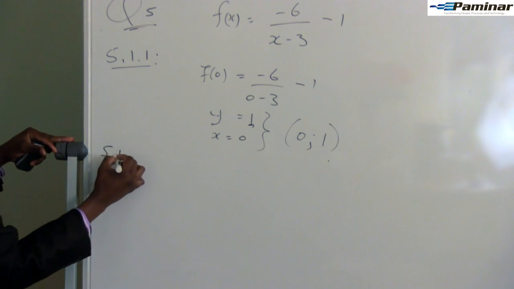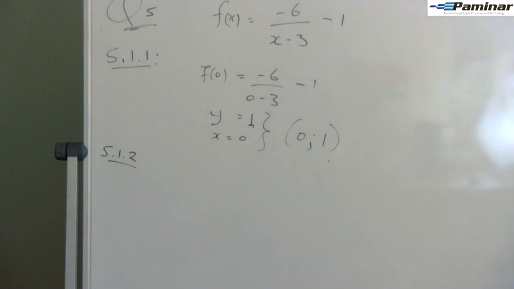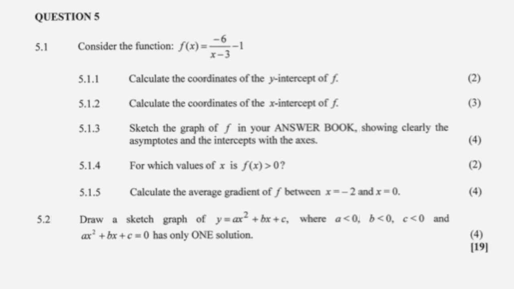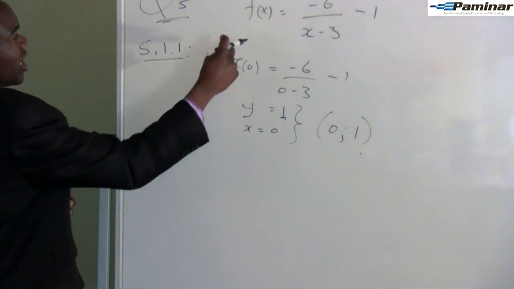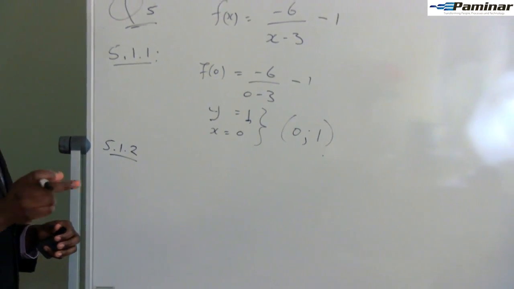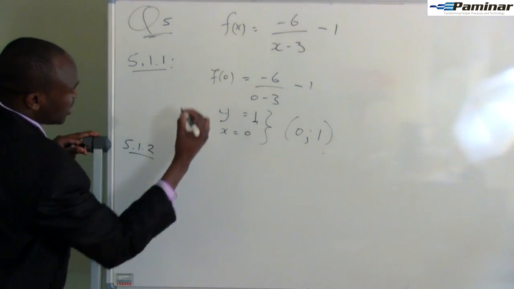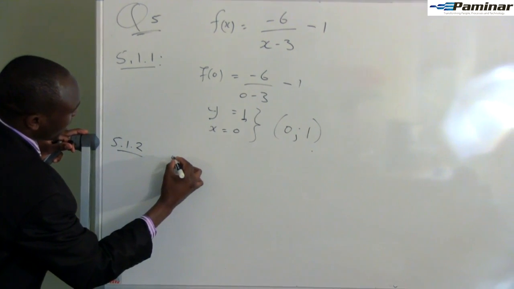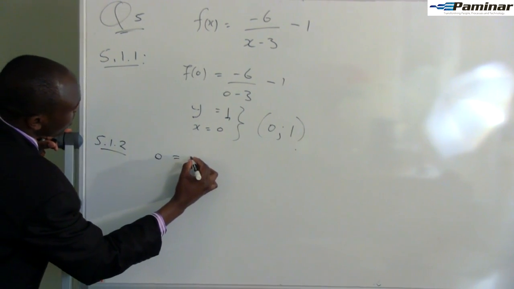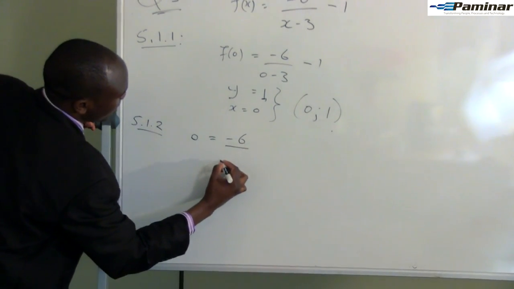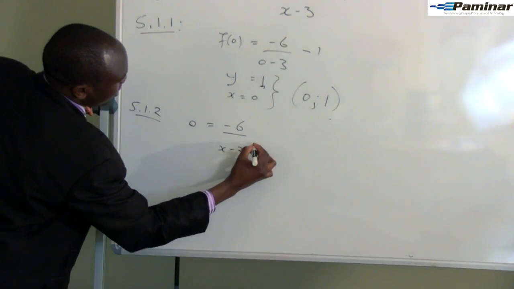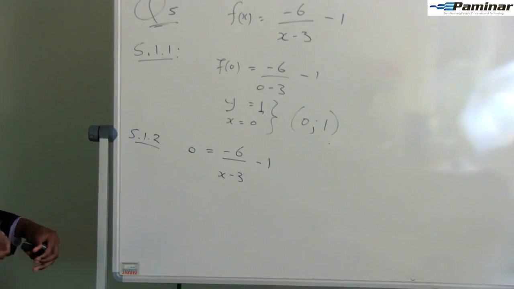Now let's do 5.12. It says calculate the coordinates of the x-intercept. For the x-intercept, what is the value of y? 0. Straightforward. Remember f of x also means y. So we say 0 is equal to minus 6 over x minus 3, minus 1.